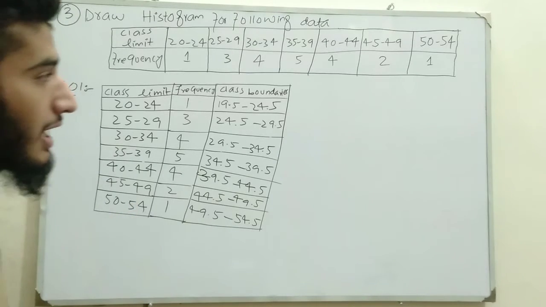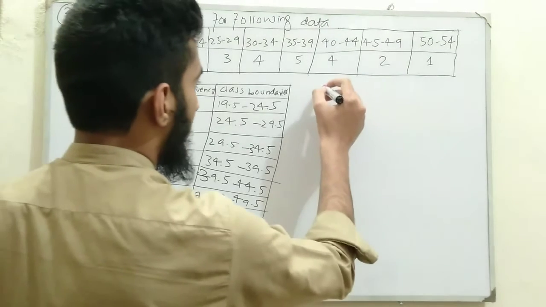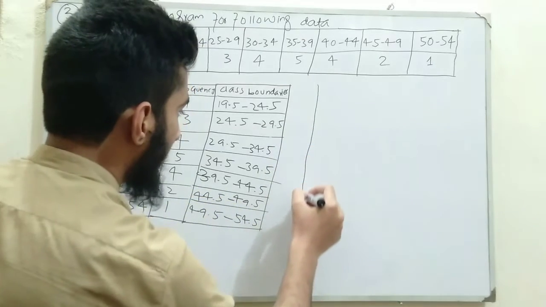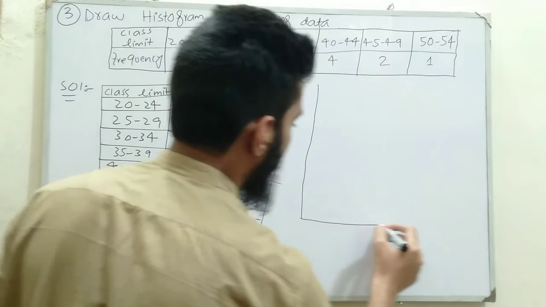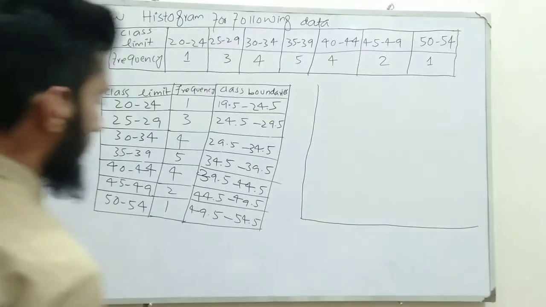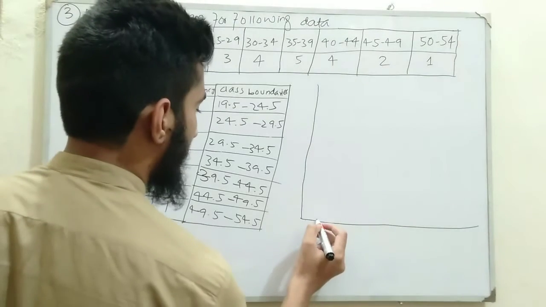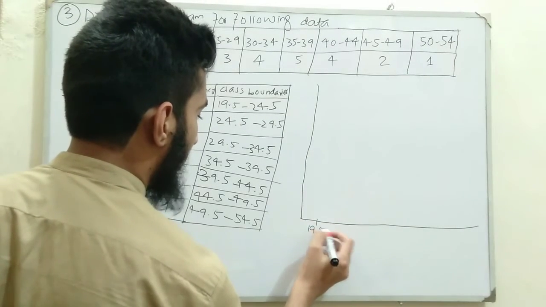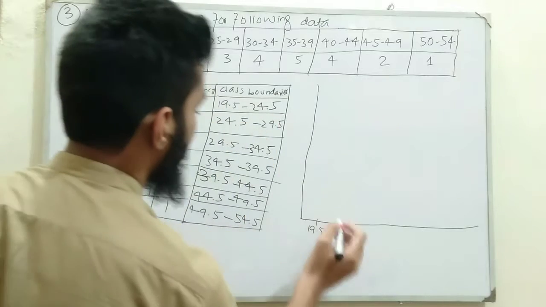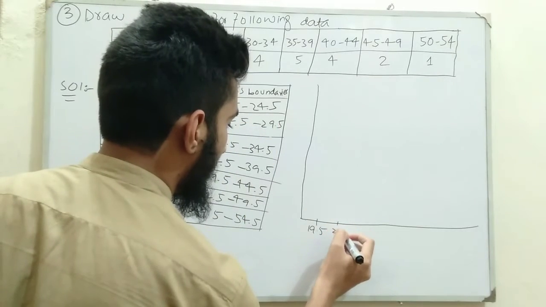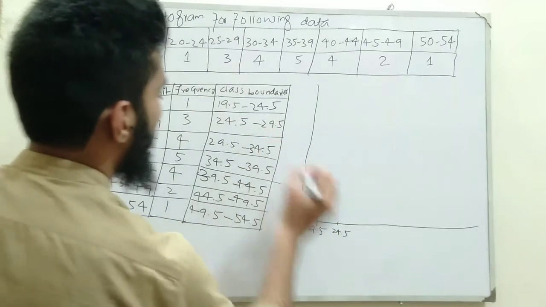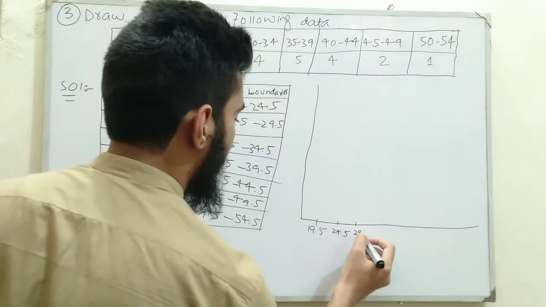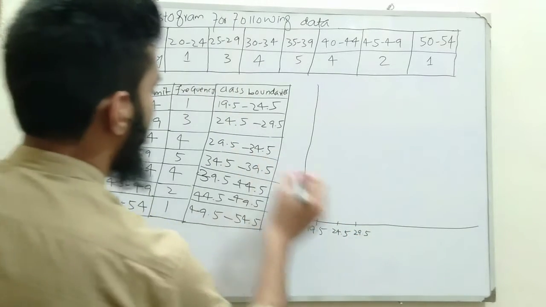Now we are going to draw a histogram. On the y-axis we will take the frequency, and on the x-axis we will take the class boundaries. So let's suppose this is our first class boundary, 19.5. Second is 24.5. After this the third one is 29.5. The fourth one is 34.5.